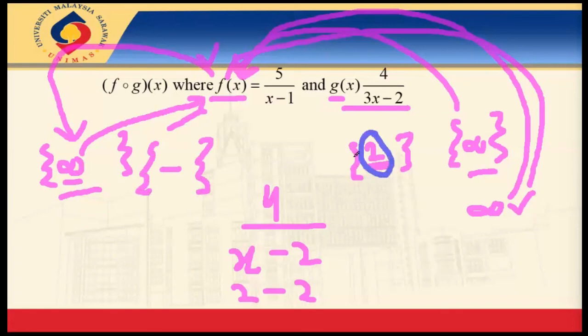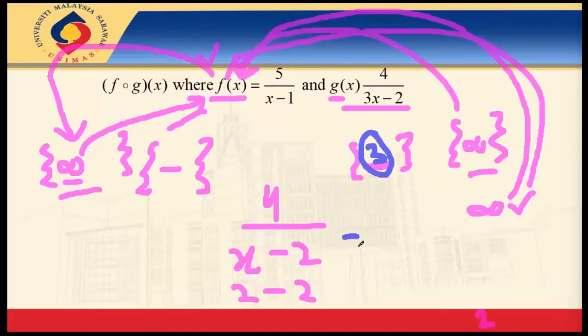So the actual problem is the 2. The solution is to remove any problematic input from the domain of g, which can cause a problem for f of x. So simply remove the 2 and maybe put something else, let's suppose 3. If you put 3, then 3 minus 2 will be 1, and 4 divided by 1 is equal to 4.